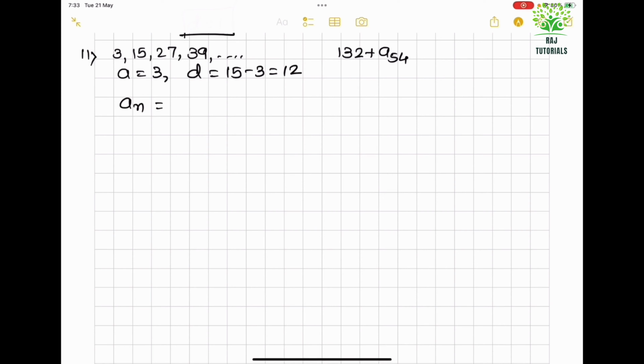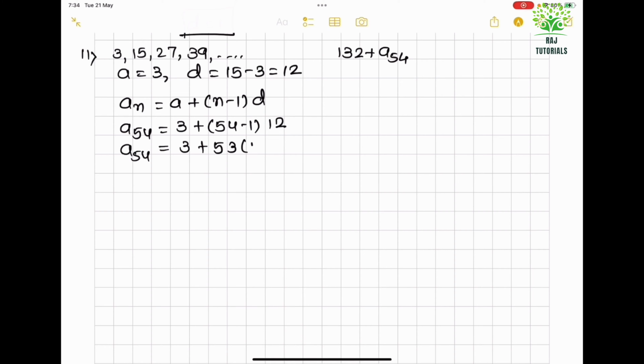So using the formula an equal to a plus (n minus 1)d, A54 will be 3 plus (54 minus 1) into 12. So A54 will be equal to 3 plus 53 into 12.